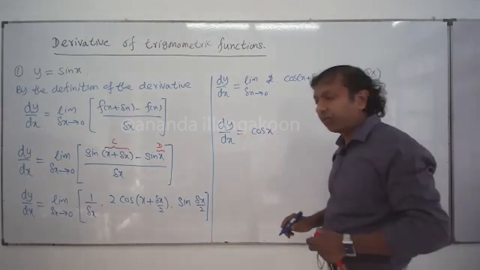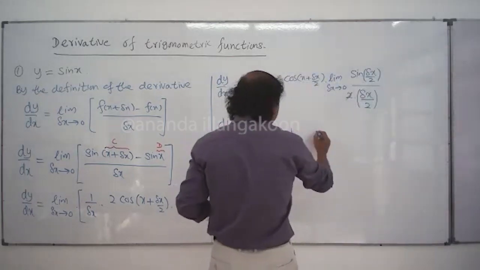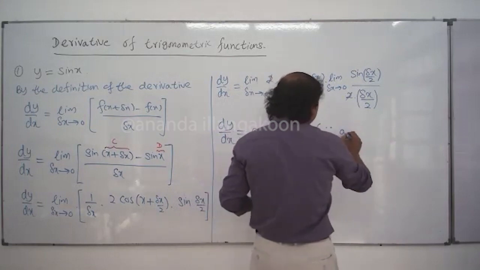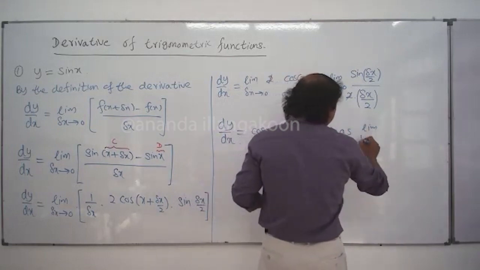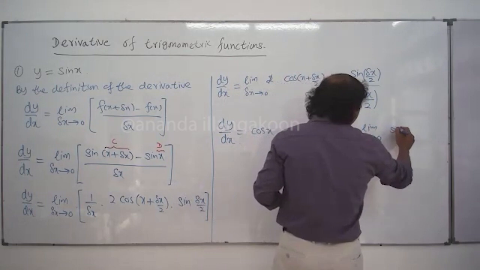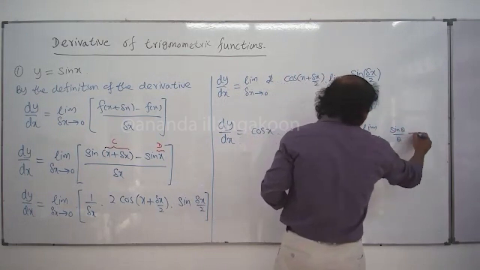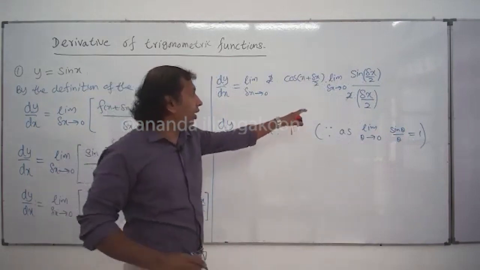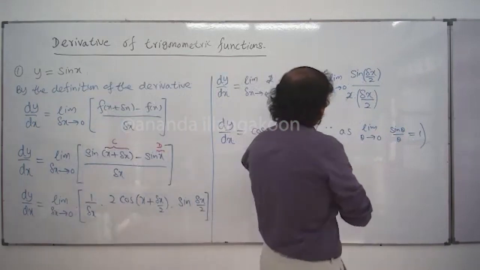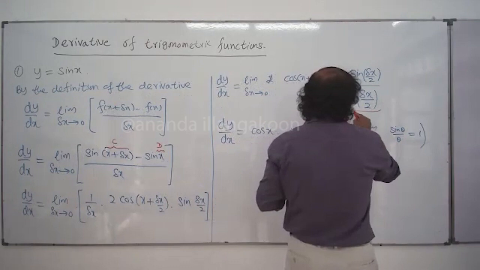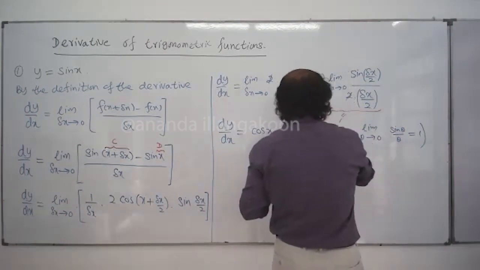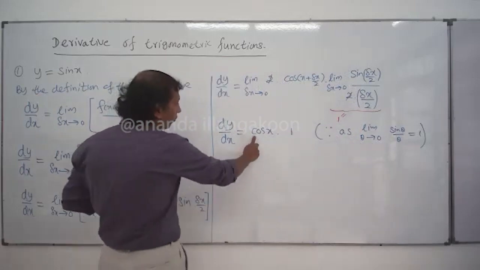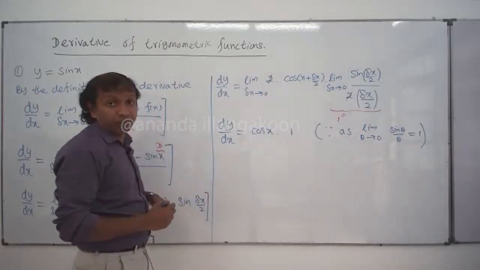It is what, people? 1. It is 1. The reason you can write is that limit theta going to 0 sine theta by theta equals 1. Then we get this whole thing as 1. That one only here I wrote. Now we have cos x into 1, people, cos x.